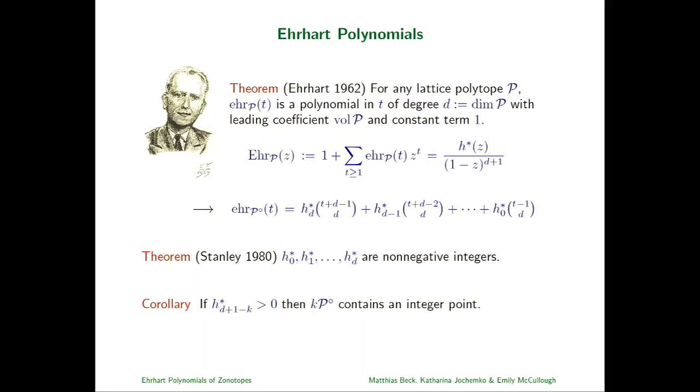So I claim the kth dilate of P contains an interior lattice point, I think it's an if and only if, this coefficient in the H star basis is positive. The reason for this is your binomial coefficients over here are very nice. If you plug in positive integers t, then your binomial coefficients are either 0 or positive.